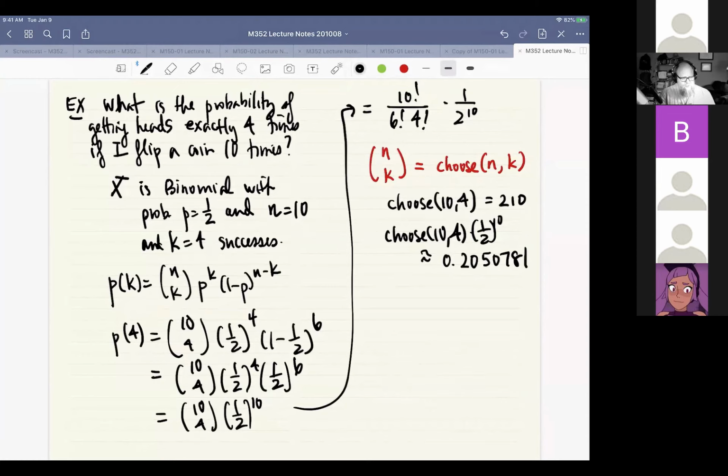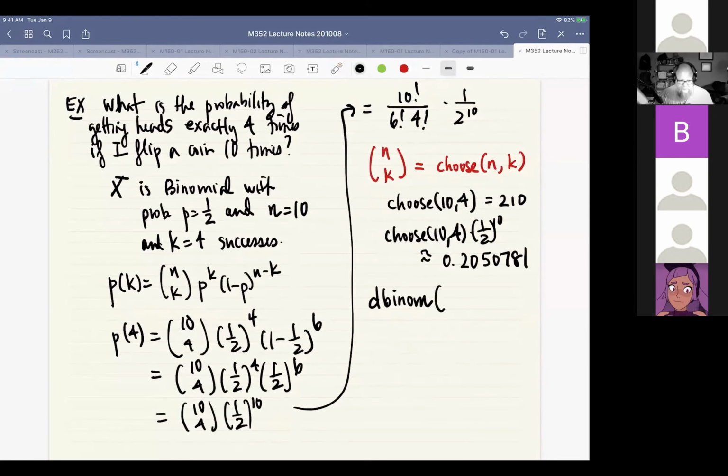I think I could do this. I think there's a command dbinom of 4. Let's see if this gives me the right thing. There's another command called dbinom, right? Binom refers to the binomial distribution. D refers to the distribution, right? We're looking at the distribution mass function.